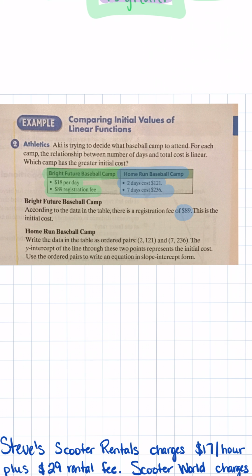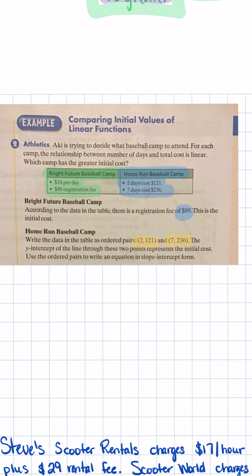So we've got to come up with a table. We know 2 points, 2 days equals $121. So that means x is 2, y is 121. 7 days equals 236. So let's find the slope.